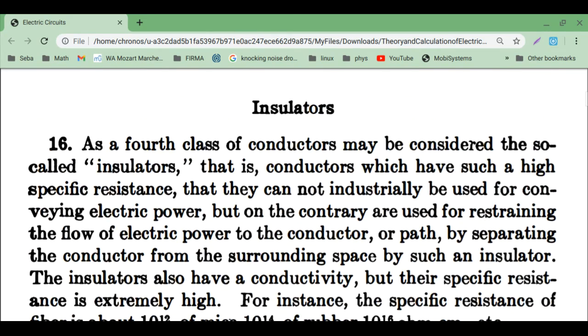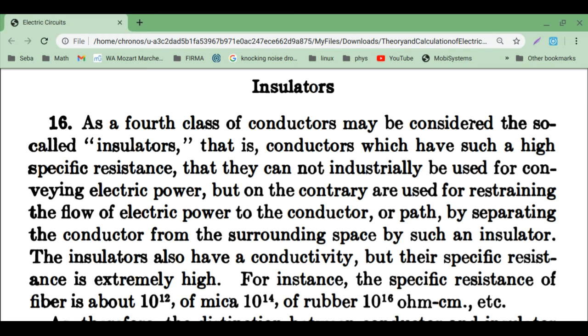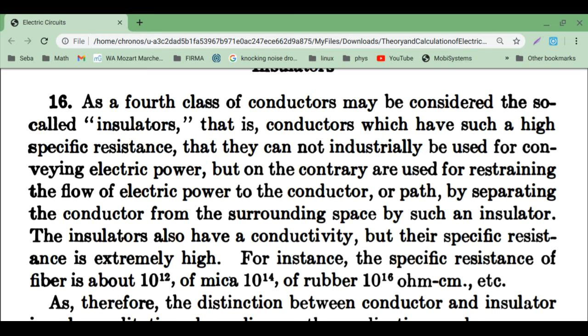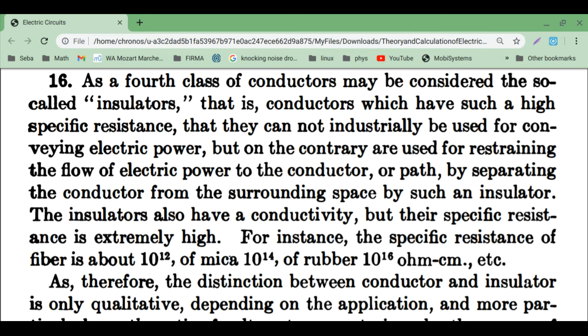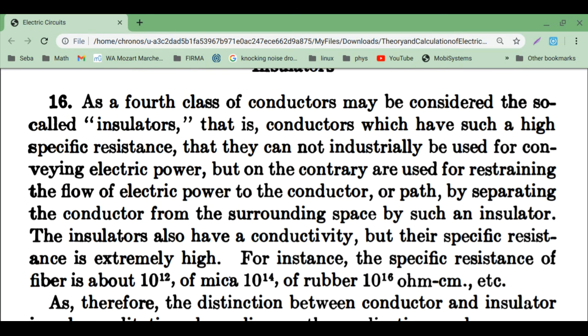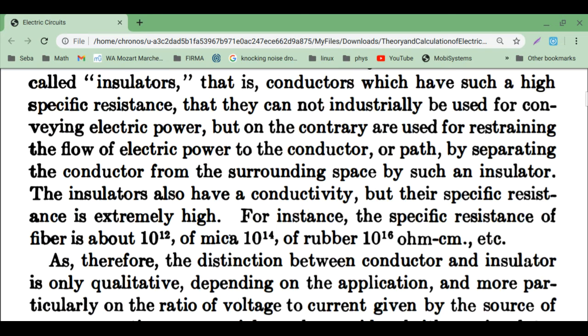Insulators. As a fourth class of conductors may be considered the so-called insulators, that is, conductors which have such a high specific resistance that they cannot industrially be used for conveying electric power, but on the contrary are used for restraining the flow of electric power to the conductor or path by separating the conductor from the surrounding space by such an insulator.